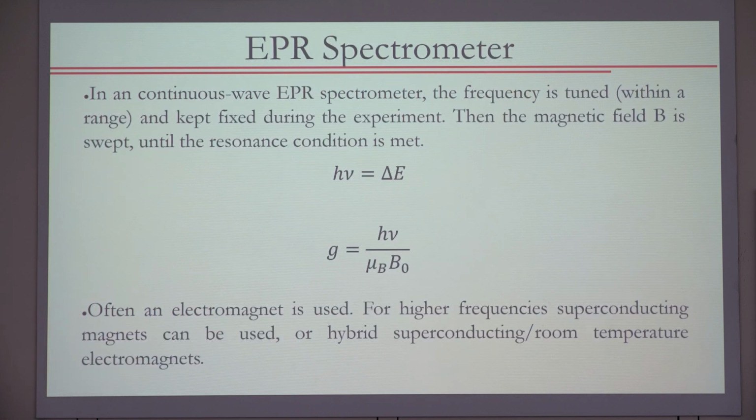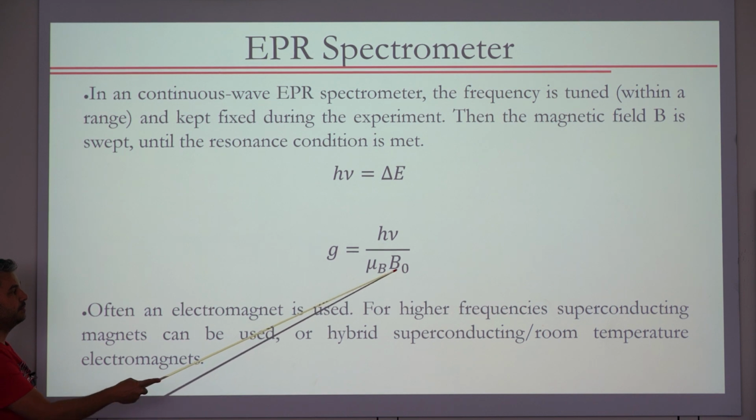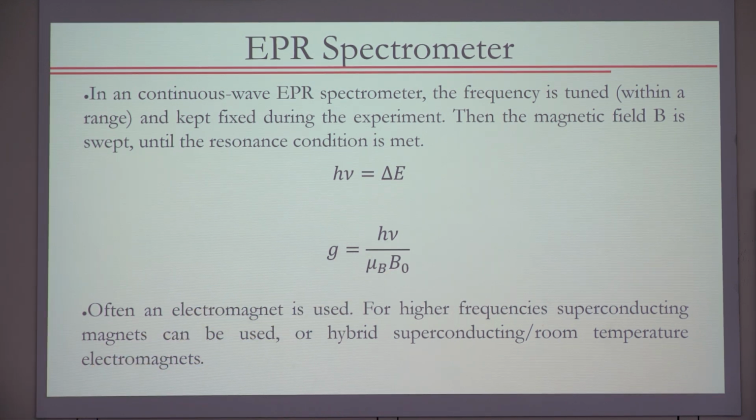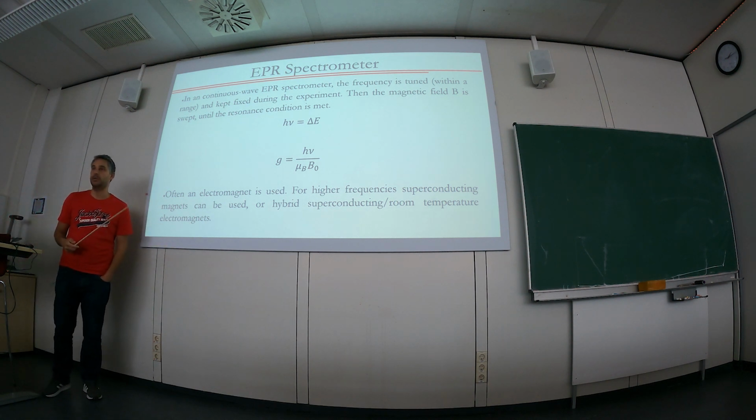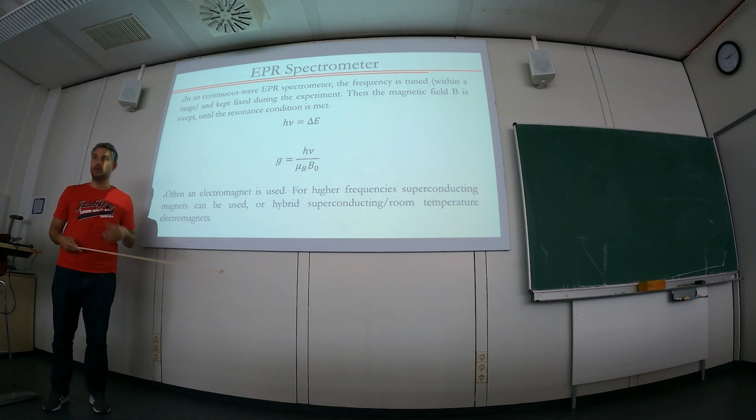So in the following one, if I take the difference, I think I mixed two slides. But okay, if I take the difference from that, I get the energy difference is g times mu B times B0. So this gives me again the resonance condition that I mentioned before. So for measuring EPR, we use an EPR spectrometer.